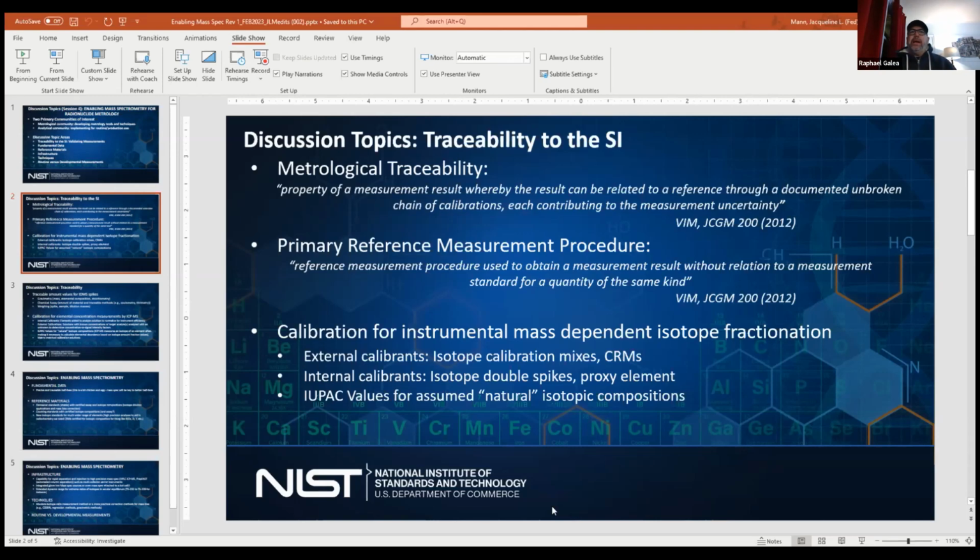With respect to the IUPAC values, and here I have no idea. I understand that you look up the natural abundance of these things, but different uranium deposits in different parts of the world can vary.